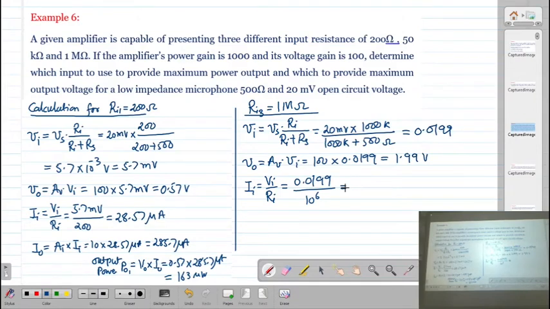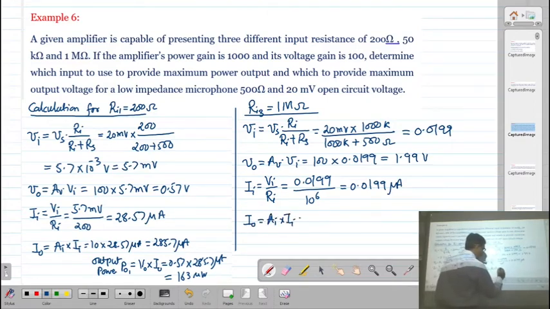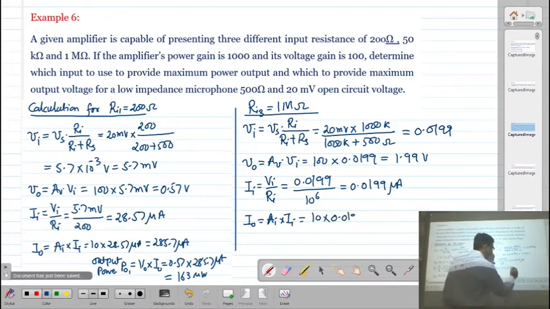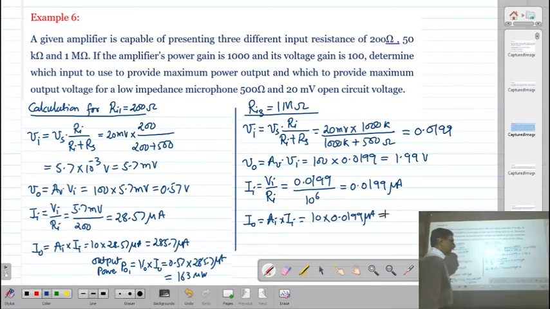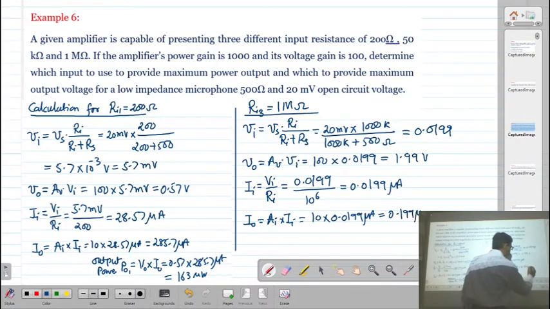So this current is 0.0199 microampere, and then we calculate the output current. That is Ai times Ii. Ai is 10 and Ii is 0.0199 microampere. So this comes out to be 0.199 microampere.